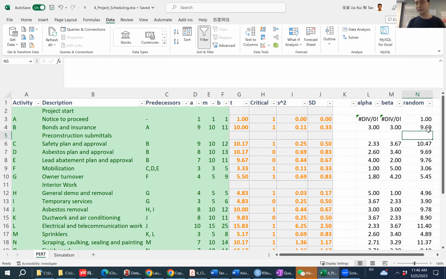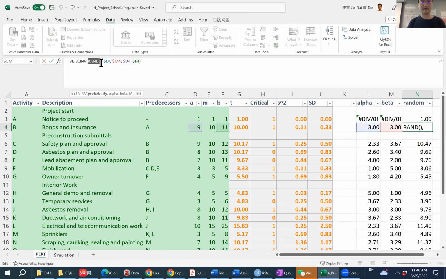As you can see, every time I refresh the sheet, all the random numbers change because I used a function called rand to generate random numbers. Every time this function refreshes, it gives us a different result.